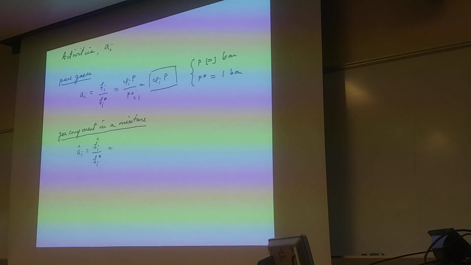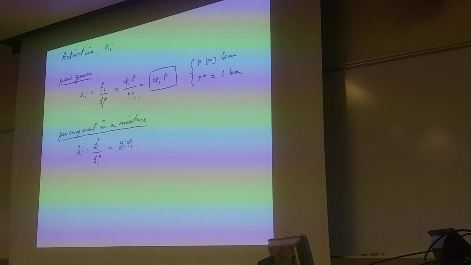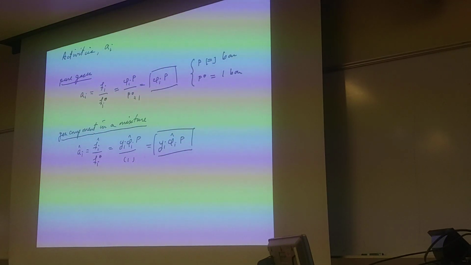That's yi phi hat P, and this is now our P0, which is just equal to 1. So this gives me yi phi hat P. There's the activity of a component in a gas phase mixture.